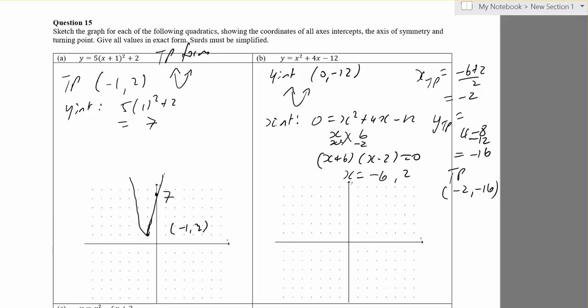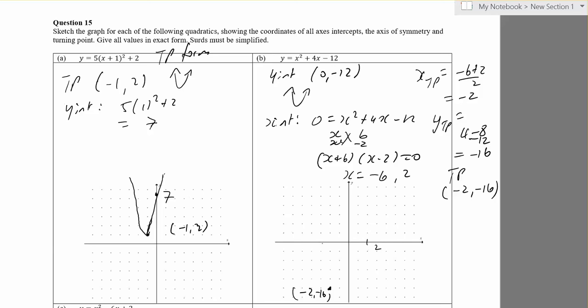Okay, so -2, -16. Y-intercept is at -12. Okay, that makes sense. So -2, -16 we'll say is around here. My y-intercept is at -12, and my x-intercepts are at 2 and -6.